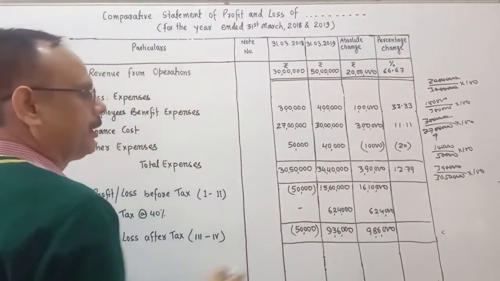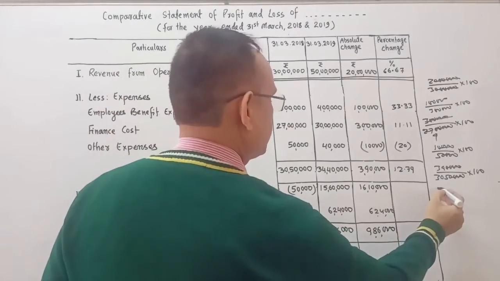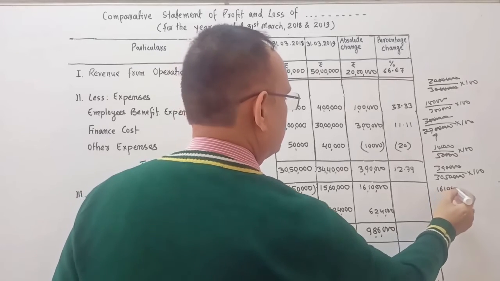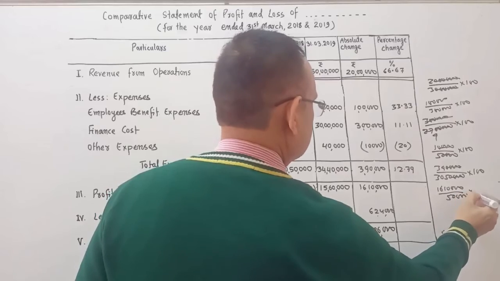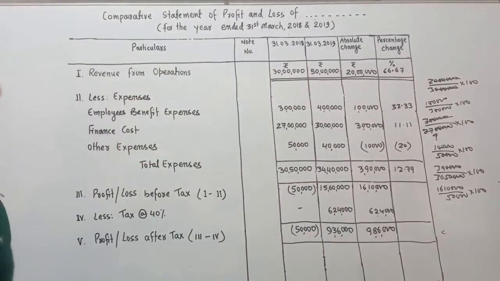Now here 16 lakh 10,000 upon 50,000 into 100. So it is 3,220%.